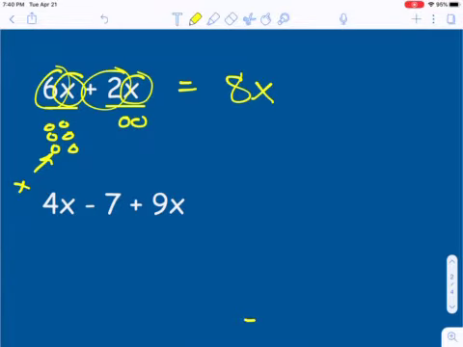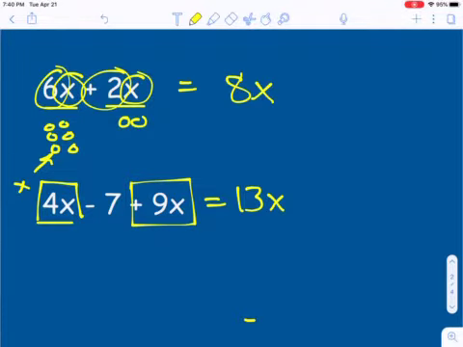This next problem down here, we've got 4x, and I'm going to use a specific grouping strategy where I box my variables. All right, so I've got positive 4x and positive 9x. That means I have 4 groups of something and 9 groups of something. I add them up, I have 13 groups.